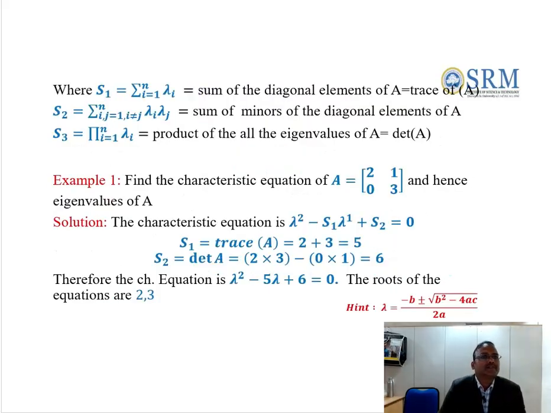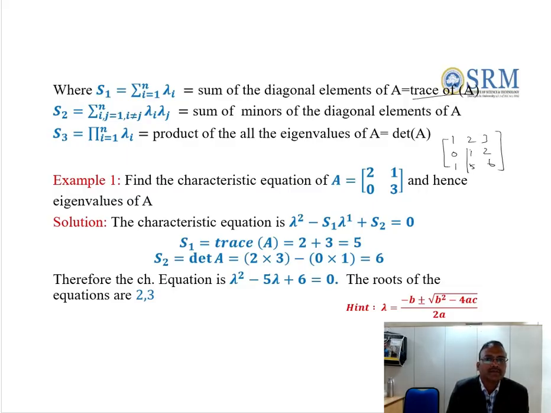Now what is S1? S1 is nothing but the sum of the eigenvalues of the matrix, that is the sum of the main diagonal, or the trace of the matrix A, right? Then what is S2? S2 is the sum of the minors of the main diagonal of A. That means if you have a 3 cross 3 matrix like this, 1, 2, 3, then 0, 1, 2, then 1, 5, 6, then what are the minors of the main diagonal?